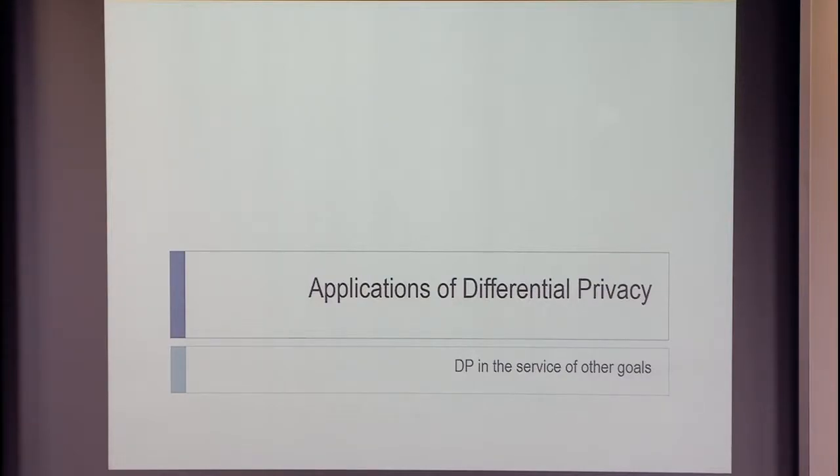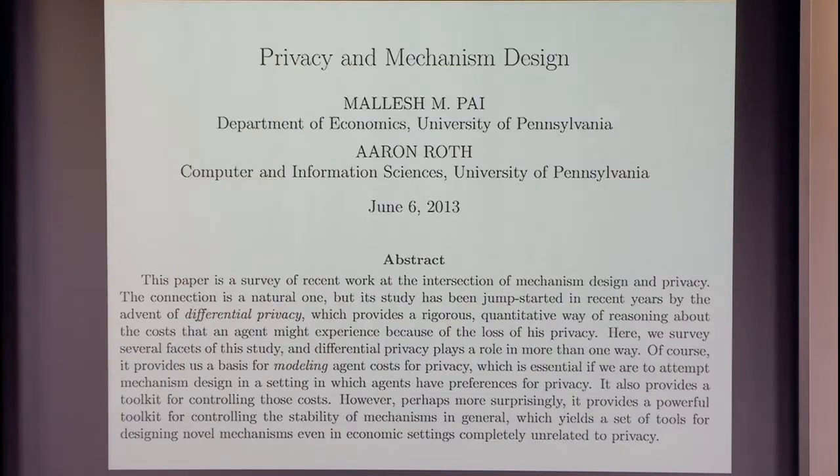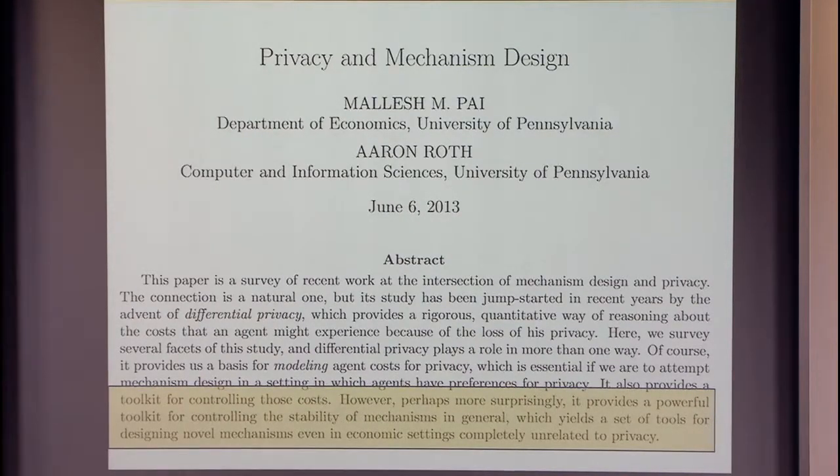So in my last few minutes, I want to talk about some applications of differential privacy that actually have nothing to do with privacy. None whatsoever. So this is differential privacy in the service of other goals. Here's a paper by Malesh Pai and Aaron Roth.